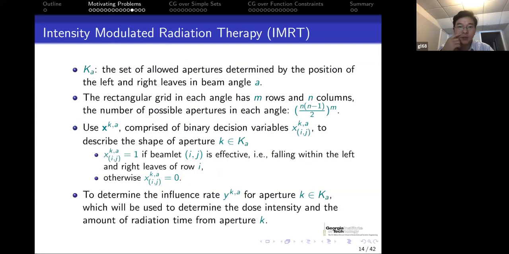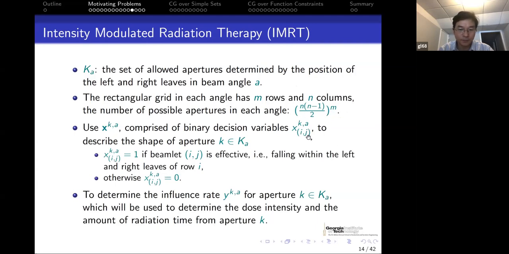If we use K_a to denote the set of allowed apertures, and the rectangular grid in each angle has m rows and n columns, then the total number of possible apertures in each angle will increase exponentially with respect to the number of rows in each angle.